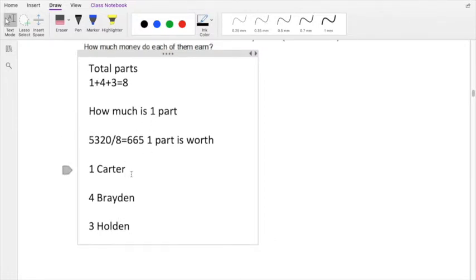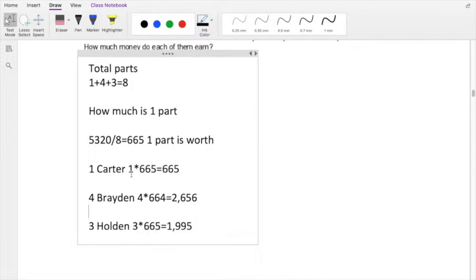So let's figure it out. So this is going to be 1 part, so it's going to be 1 times 665. So he earned $665. This one is 4 parts, so it's going to be 4 times 665, which is going to be equal to that much. And lastly, it's going to be 3 times 665.